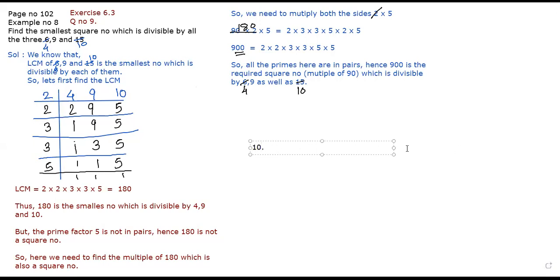Those who have finished, start following this question. Question number 10. Again the same question. Find the smallest square number which is divisible by 8, 15 and 20.